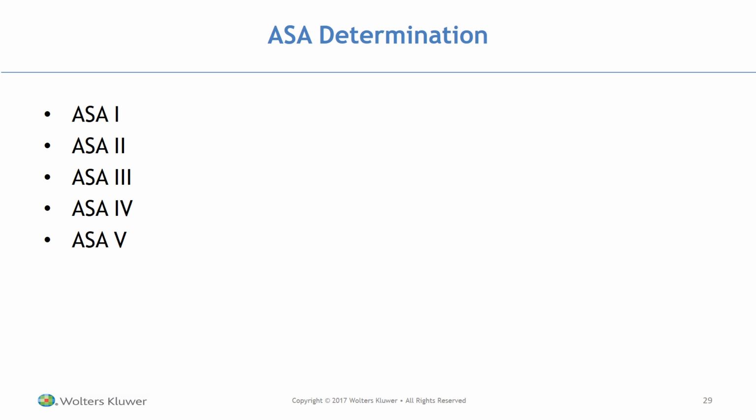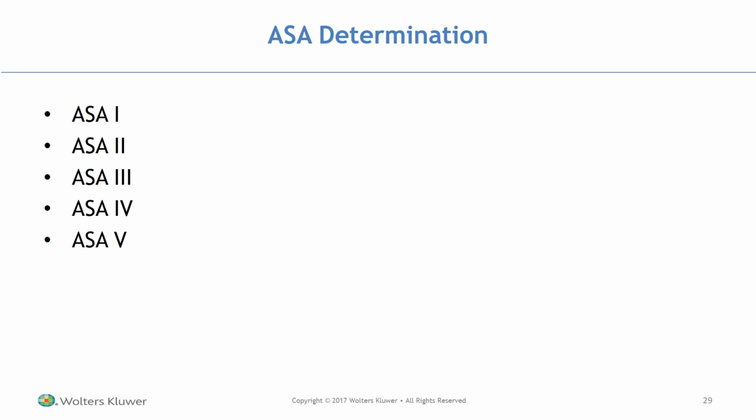All right, now let's talk about our ASA classifications. Remember, ASA 1 is a patient without apparent systemic disease, a normal, healthy patient. ASA 2 is a patient with mild systemic disease. ASA 3 is a patient with severe systemic disease that limits the activity but is not incapacitating.